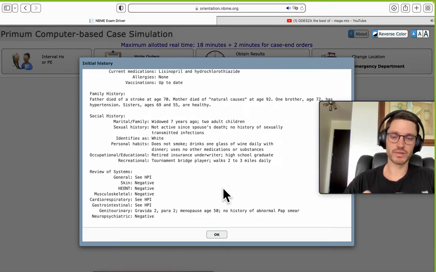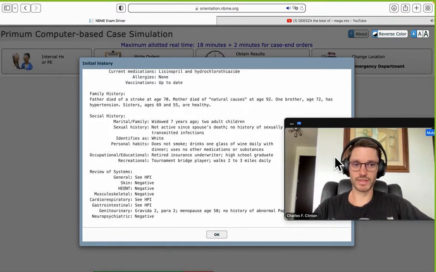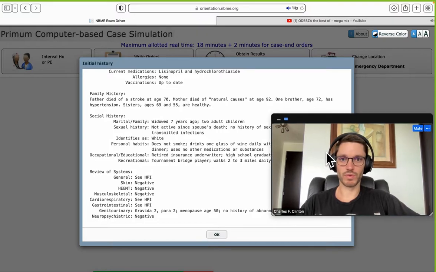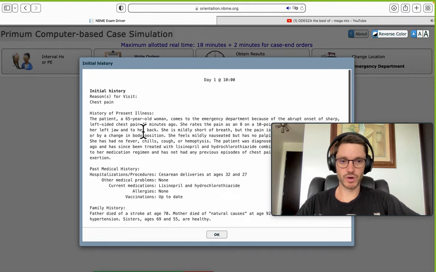Okay, so now is the time we have the option of doing something. So in summary, first of all, we have to summarize the case. We have a 65-year-old woman, who has hypertension and has new onset severe chest pain.